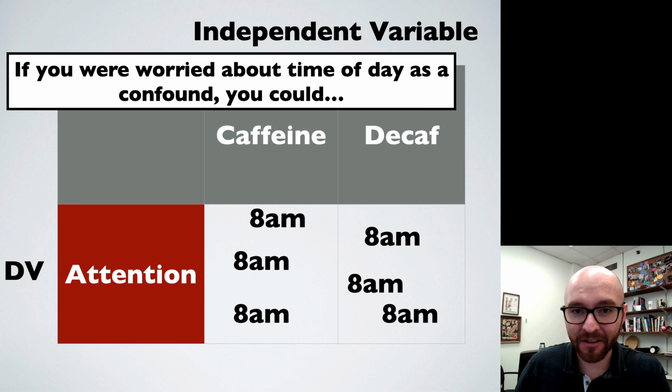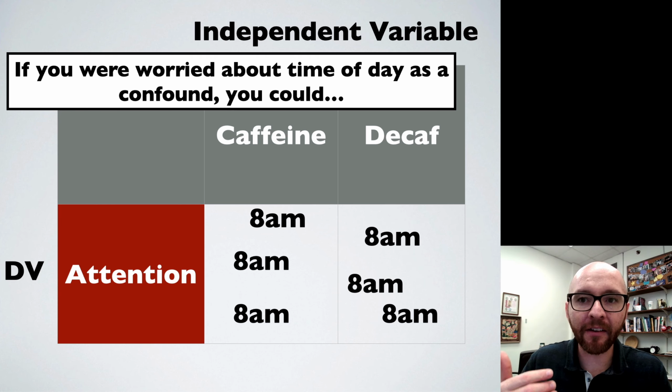Or another solution is to have everybody go at the same time. So when you control for variables, usually people use it in this sense that, okay, fine, then make sure everybody gets the same experience. I've factored out time as an explanation for my outcome.